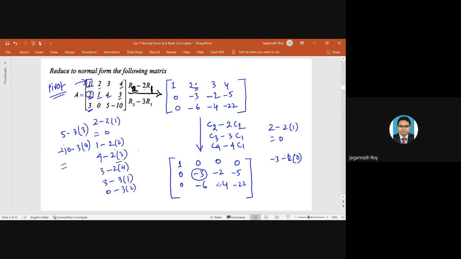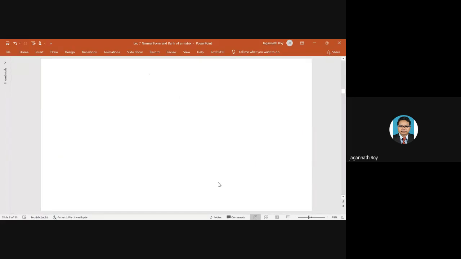For that, we can just divide by minus 3. And if we make this one also simple, the next step is R2 divided by minus 3 and R3 also divided by minus 6.